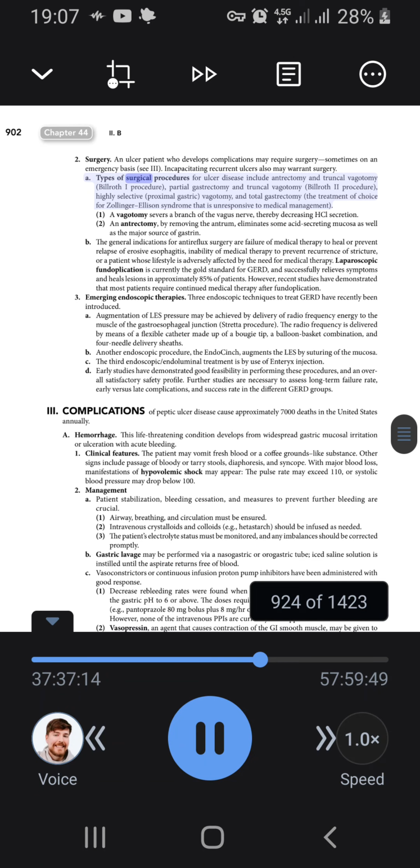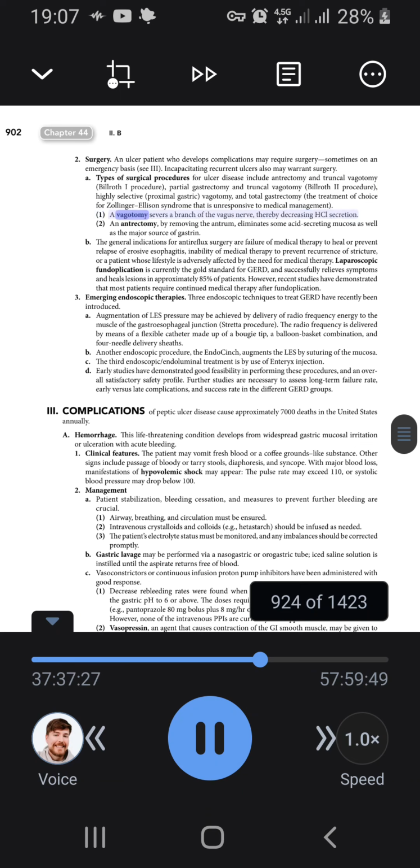Types of surgical procedures for ulcer disease include antrectomy and truncal vagotomy, Billroth I procedure, partial gastrectomy and truncal vagotomy, Billroth II procedure, highly selective proximal gastric vagotomy, and total gastrectomy, the treatment of choice for Zollinger-Ellison syndrome that is unresponsive to medical management. 1.